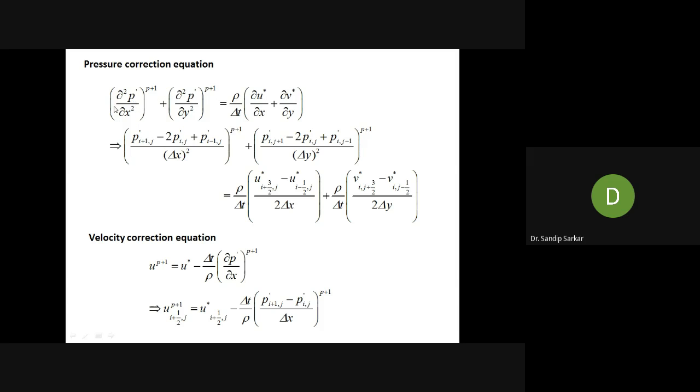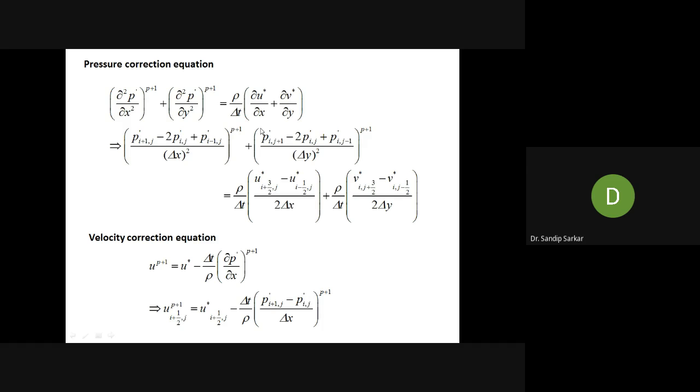So this will be at ij grid points, that is p prime i plus 1, j minus 2 p prime ij plus p prime i minus 1, j by delta x square at p plus 1 level, plus p prime ij plus 1 minus 2 p prime ij plus p prime ij minus 1 by delta y square at p plus 1 level, equal to rho by delta t. Here p is defined at the ij grid points, but u star and v star at i plus half, j and i, j plus half grid points.